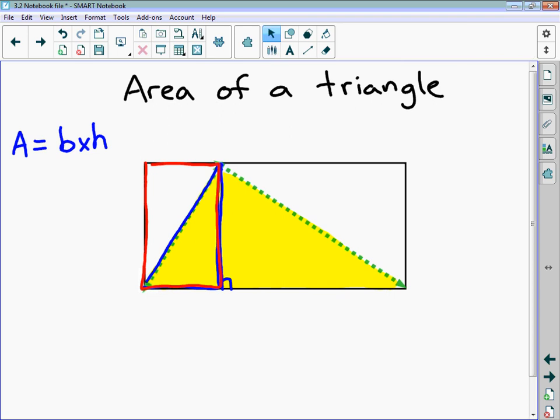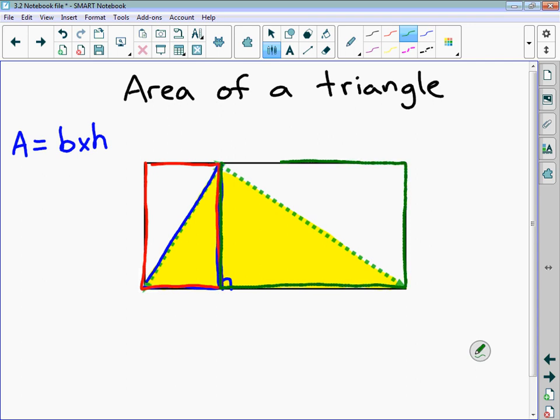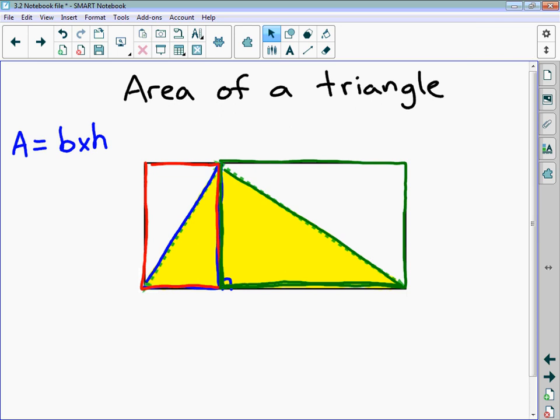And then over here we have another rectangle, and the yellow part of the triangle takes up half of this space. So each part of this triangle takes up half of each of those rectangles, which in total means that the triangle ends up taking up half of that rectangular area.